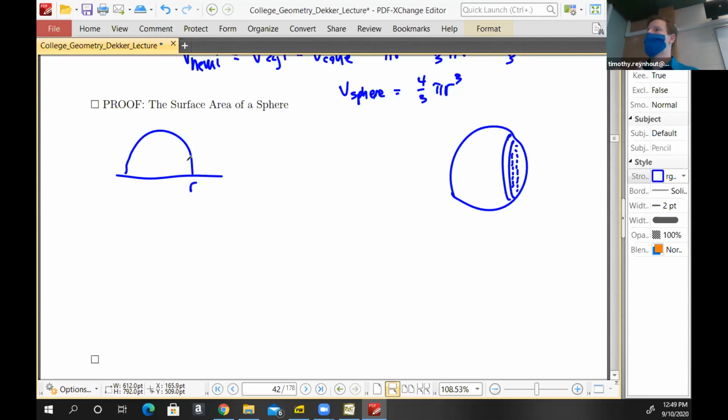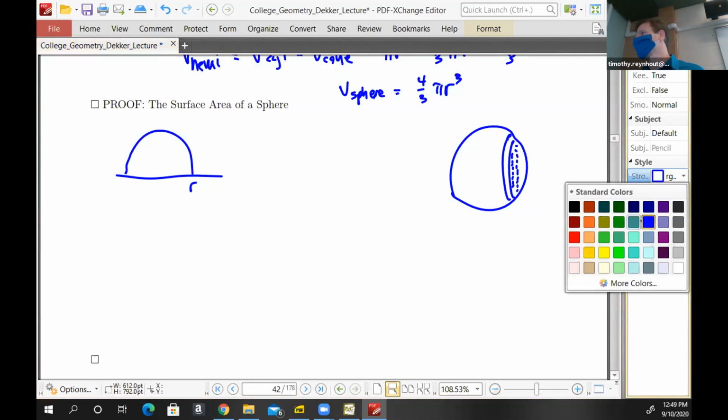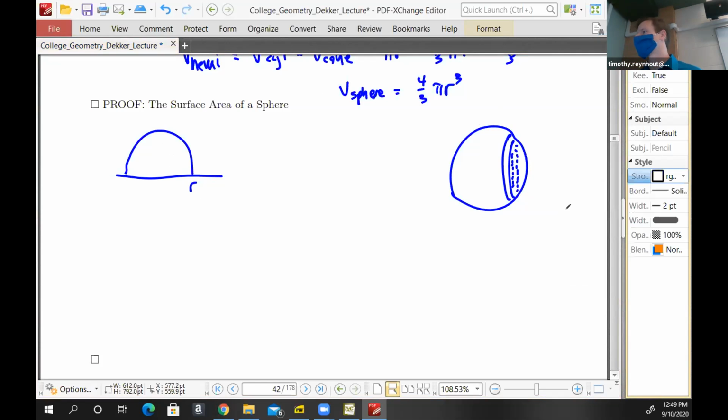And how we'll do that is by considering angles instead of x. So say we look at this angle given as theta.